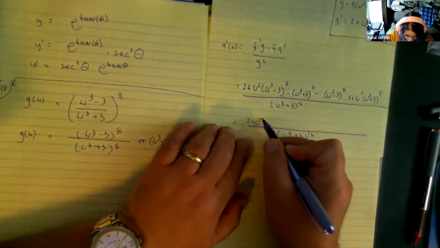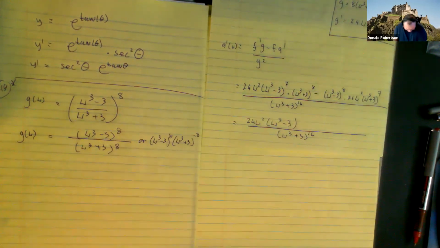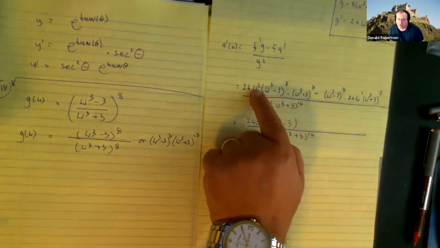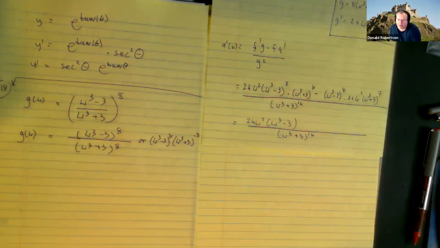Agreed. Okay, what power of u cubed minus 3 can I get out of both of them? Because they both contain it, but they contain a different amount of it. Look at this one, look at this one. What power of u cubed minus 3 can I take out? 7.